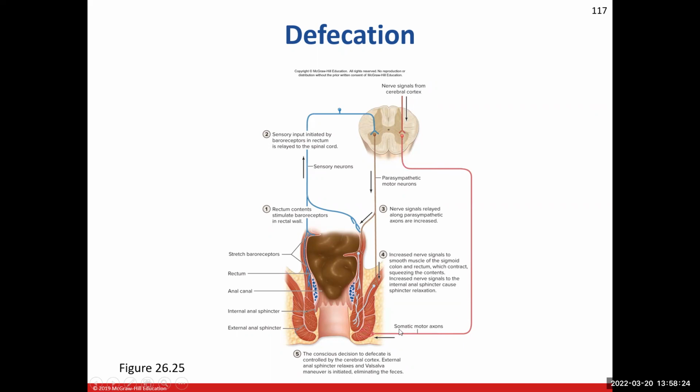Somatic means you have voluntary control over that. Somatic motor neurons are going to stimulate skeletal muscle. So the somatic motor neurons are going to cause relaxation of the external anal sphincter. So then now the fecal material can move out of your body.